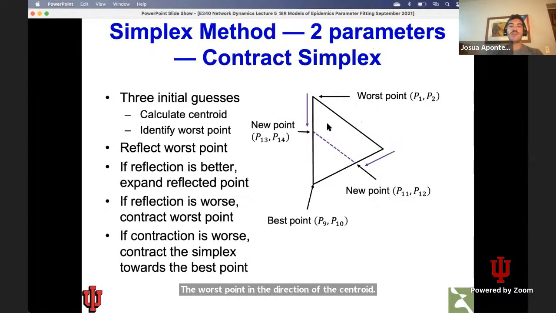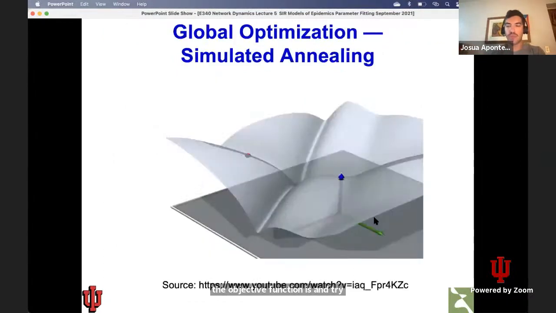And if that contraction is worse, then it contracts the simplex towards the best of the points in the simplex. So it's basically using a 3-point reflection and contraction to determine the value of the objective function, and trying to find the minimum.